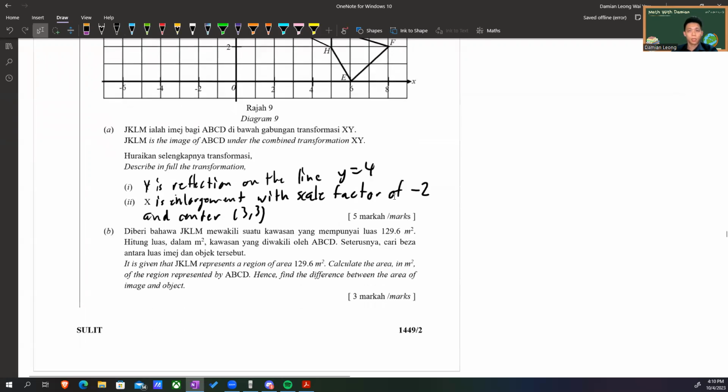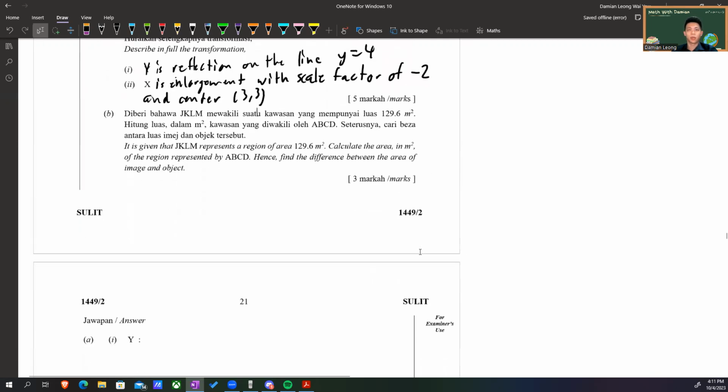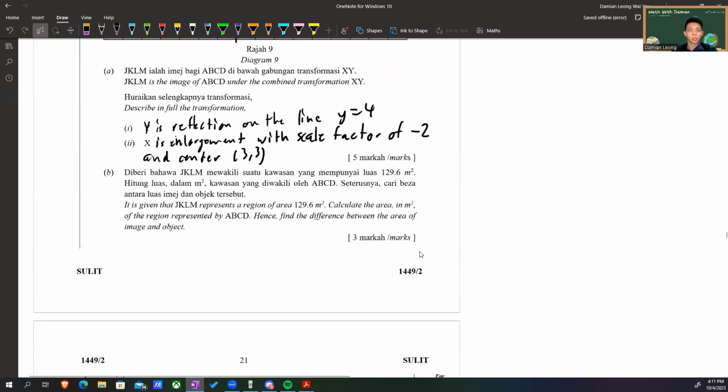Then part B. Given that JKLM represents a region of area 129.6, so the area of the image is this. I want the area of ABCD, the area of the object, then find the difference between their areas. Area of image equals scale factor squared times area of object.